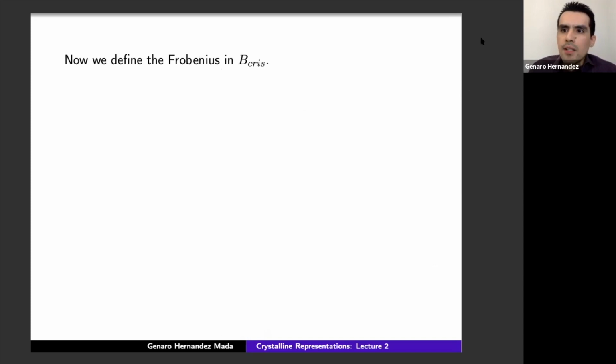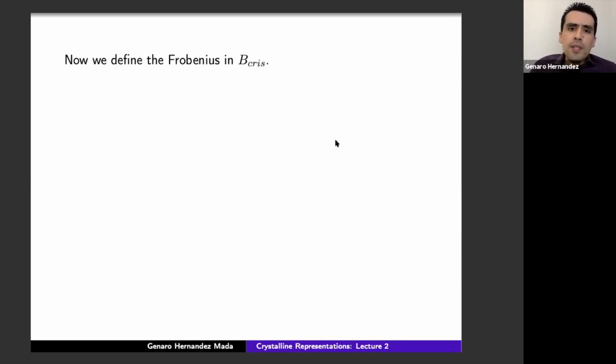Okay, if you remember, we started this construction because we didn't have a Frobenius in B_dR. So what we are going to do now is define the Frobenius in B_cris, which is probably what we wanted from B_cris, because we didn't have that in B_dR.